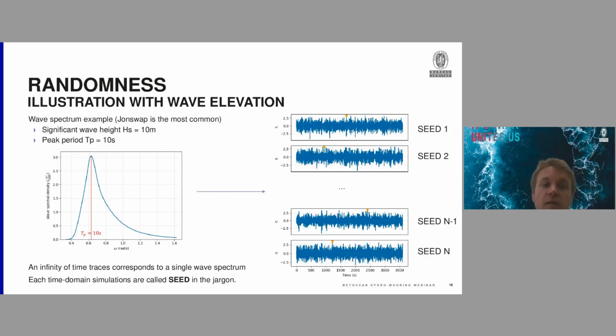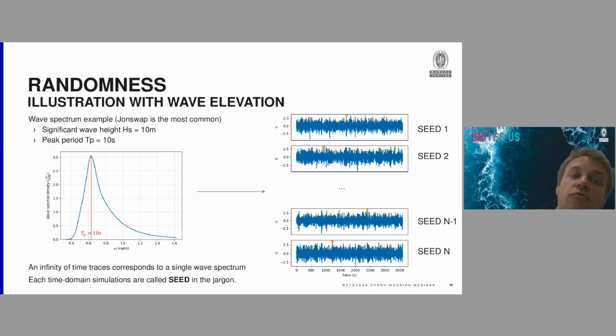Then something also specific to floating structures on waves in particular is the randomness. Because the waves are generally specified with a wave spectrum. For instance, if you have heard about JONSWAP, it is a kind of wave spectrum, parameterized by a characteristic value for the wave height, the significant wave height, and a peak period.